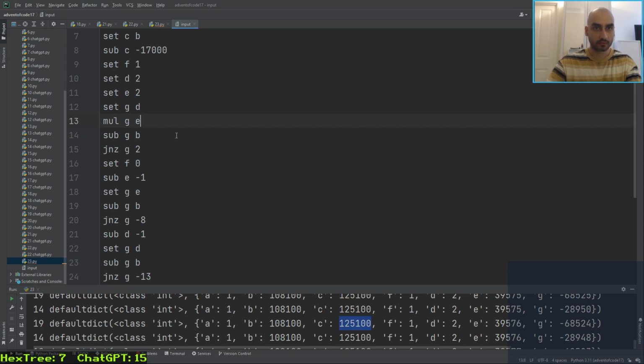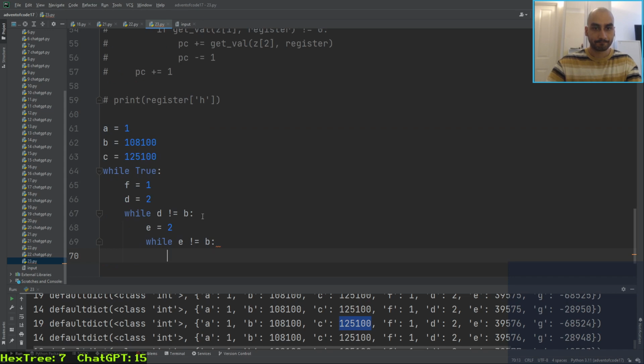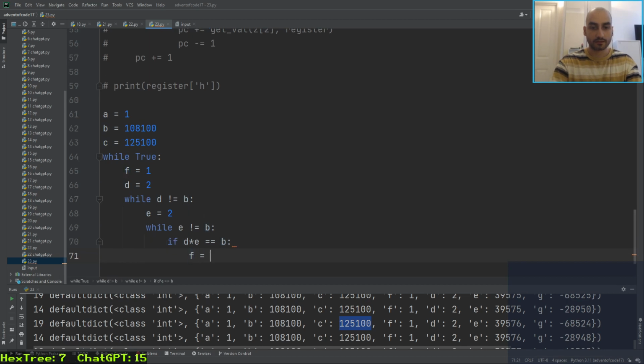Okay, I get it. So this block here is saying if D times E equals B, F equals 0.